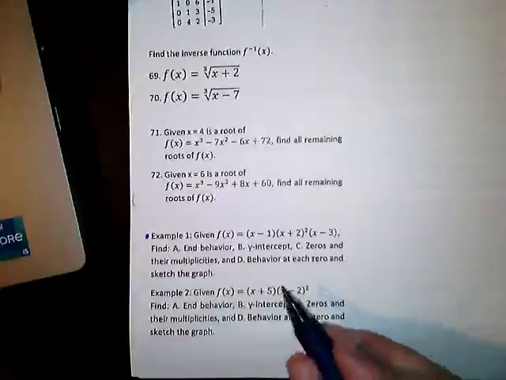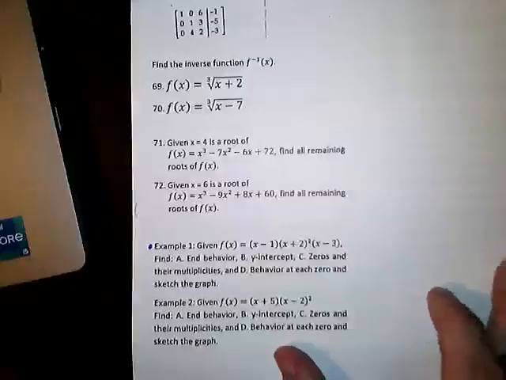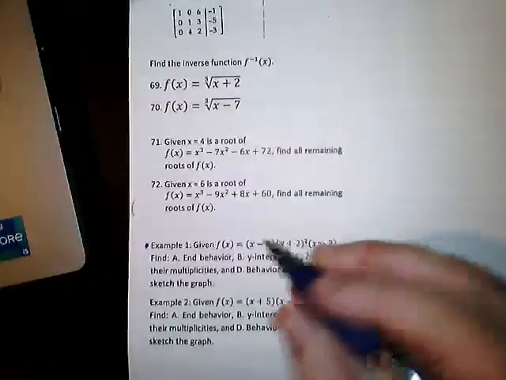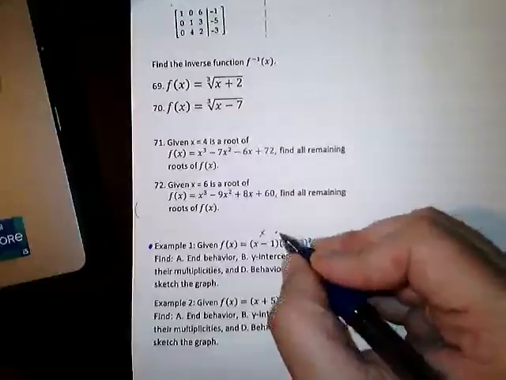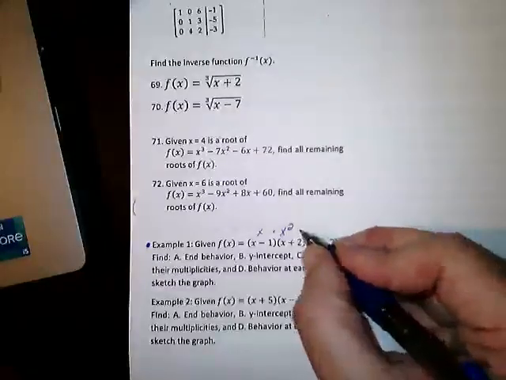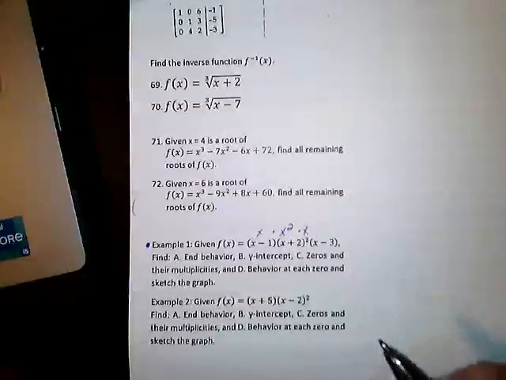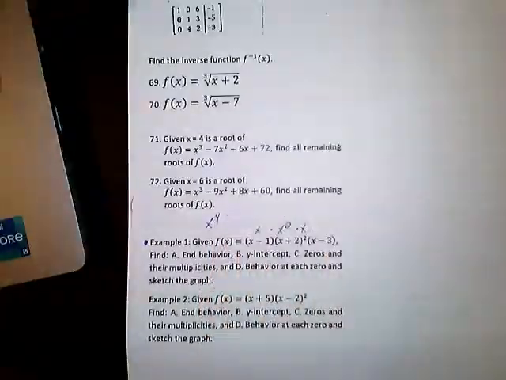So the end behavior, that's your 4 different cases. Here, what would our leading term be? If we FOILed this out, we would get an x squared as our leading term, times this x right here. This will give us an x to the 4th polynomial.